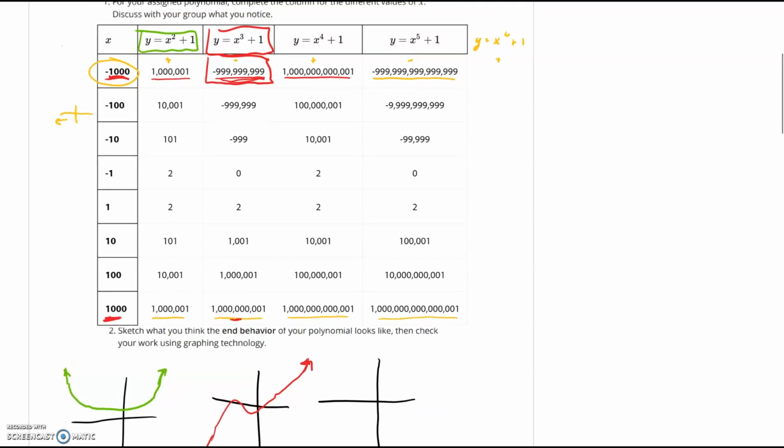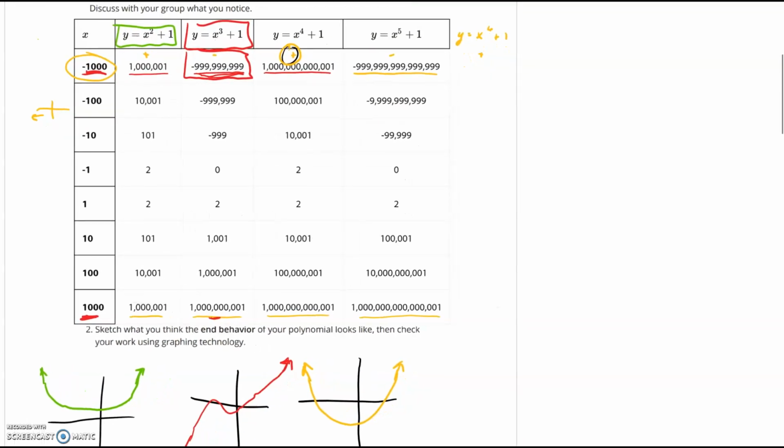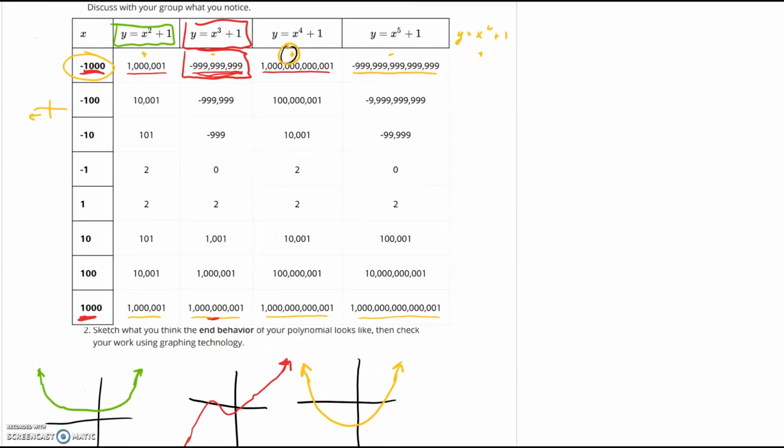My next function, it's a positive on the left. I should change to a yellow. It's positive on the left, so it's going up to the left, positive, and it's going positive to the right, so my function's end behavior should go up on both sides.